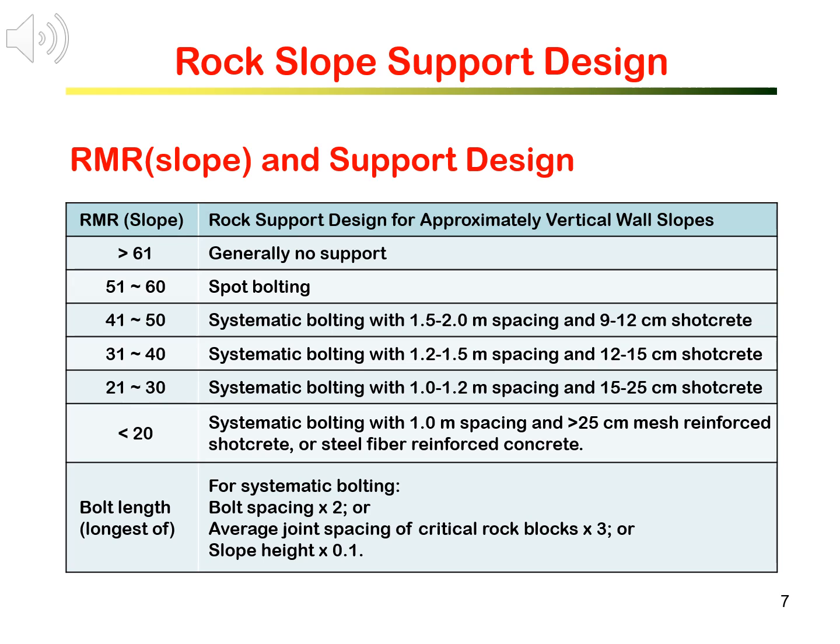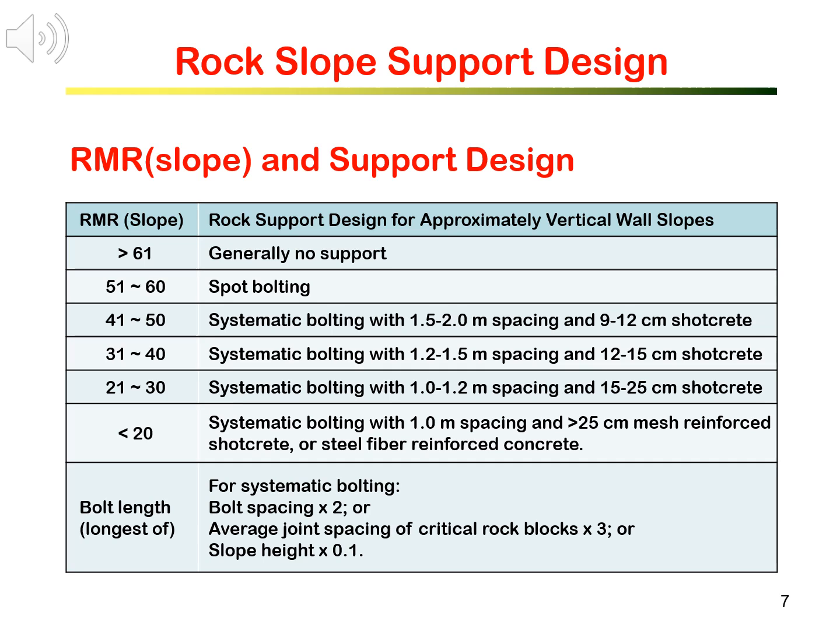For poor and very poor slope rock mass rating, lower than 20, intensive systematic bolting with 1 meter spacing together with very thick shotcrete reinforced with steel mesh or steel fiber.